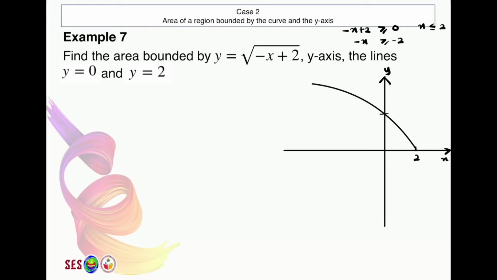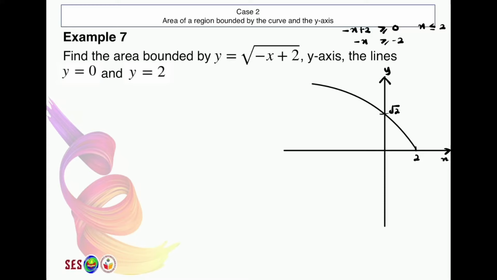Your y-intercept is when your x is equal to 0. So to find the y-intercept, you substitute x equals 0 in your function, and you'll get y equals root 2. So root 2 will be your y-intercept.